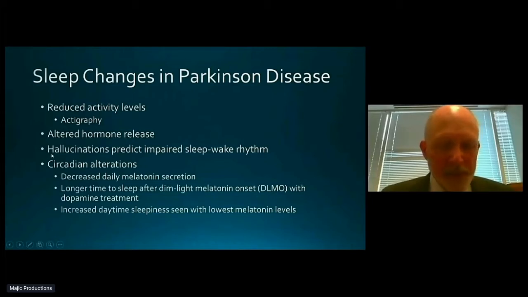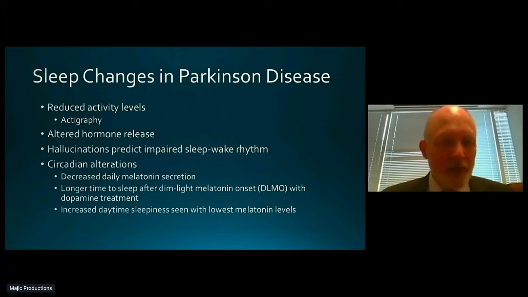And the interesting thing about hallucinations is that this predicts how bad your sleep-wake rhythm is impaired. Hallucinations, what I think of them as, is this internally generated vision that competes with wakefulness. So wake is no longer stable, and it can be subject to other visual inputs from the brain.